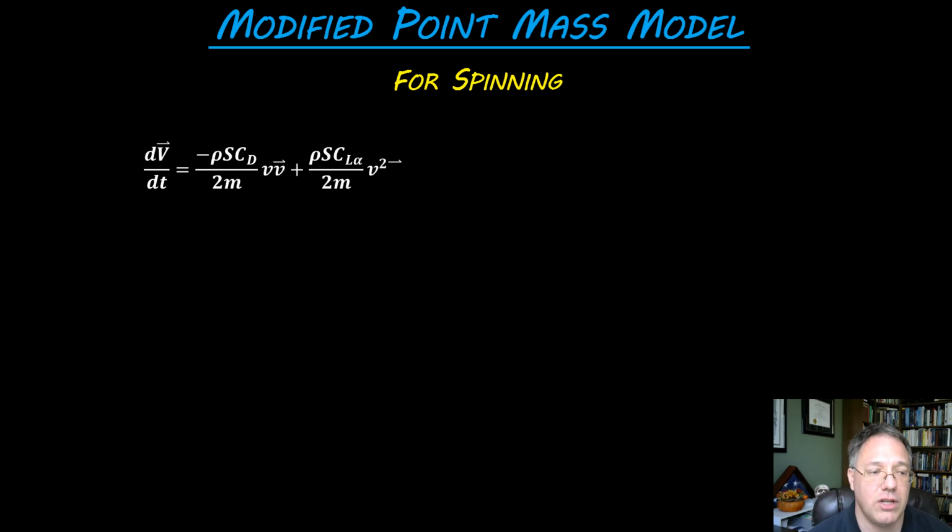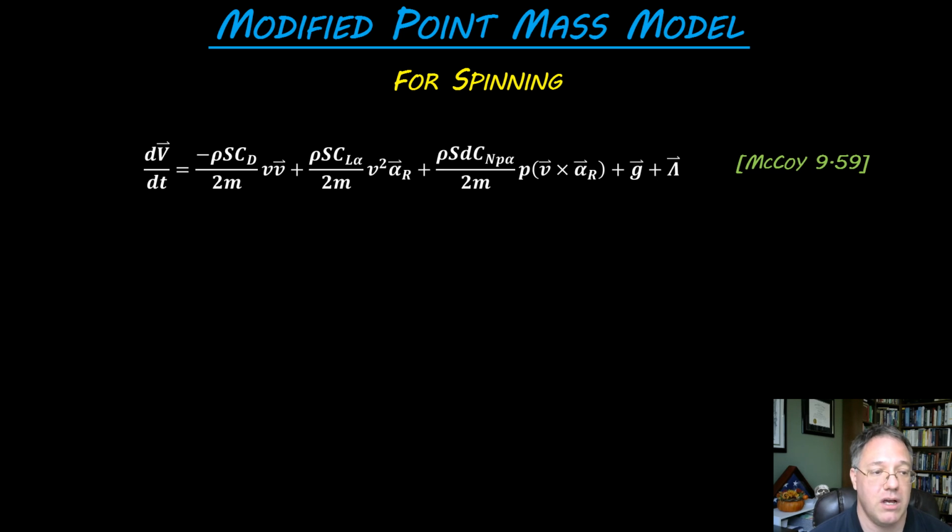This is going to look a lot like our 6 degree of freedom model, because we started with 6 degree of freedom and then dropped some terms out. So we've got a coefficient of drag coming into play here, dealing with our velocity. We've got a lift term coming in here, and we have to understand what our yaw of repose is, because that's what's going to tell us how much lift is coming into play.